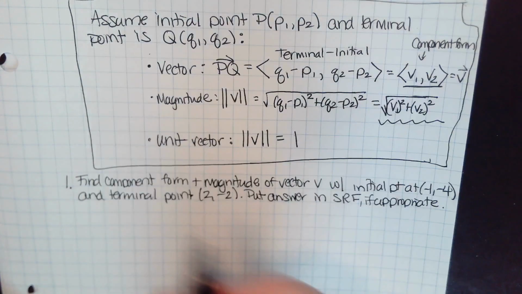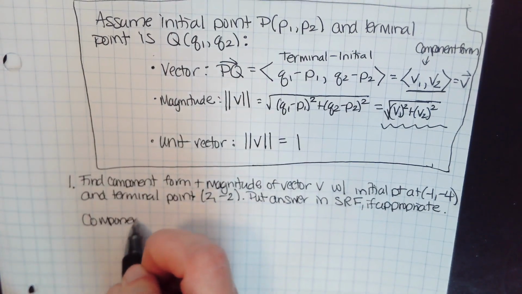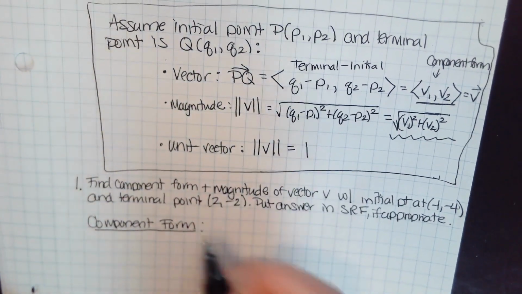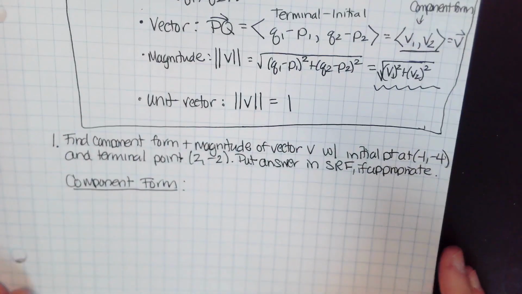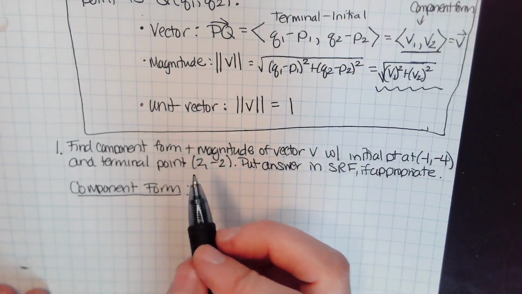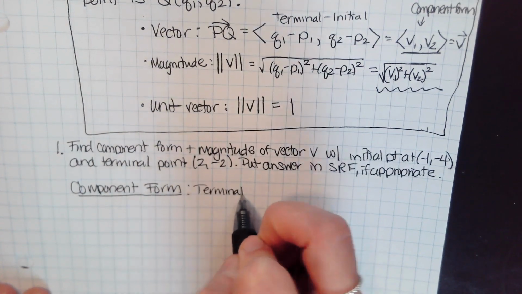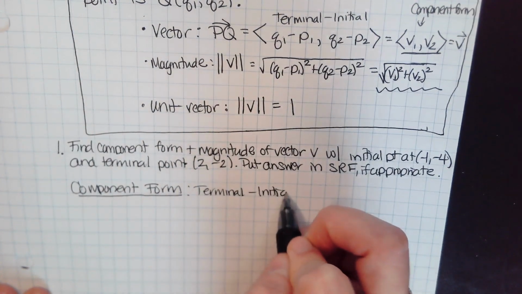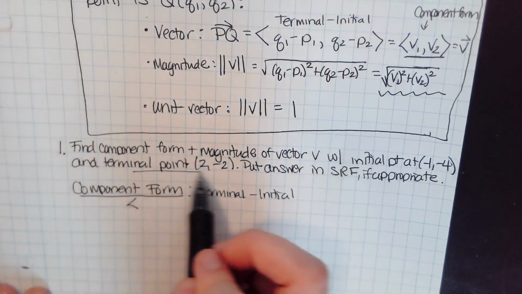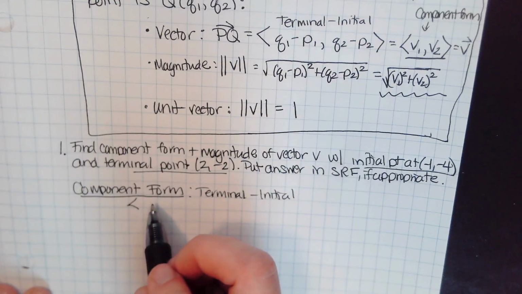Okay, so first, let's work on finding our component form. To find our component form, you want to take your terminal minus your initial. Here our terminal point is (2, -2), initial is (-1, -4).